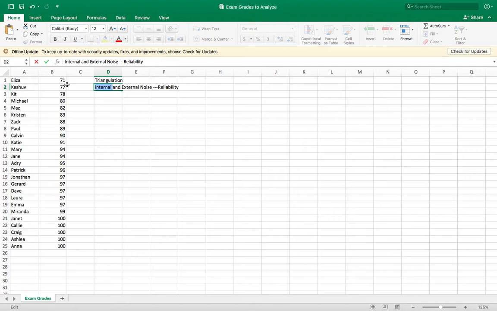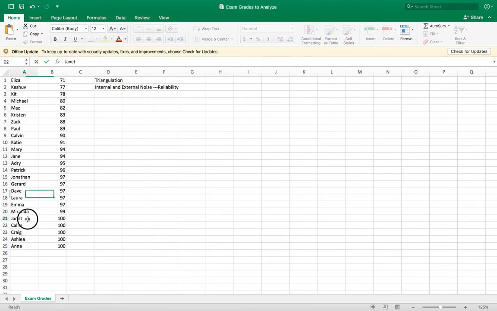I think there may be something going on with her. In that case, it provides more evidence for me to maybe have a conversation with her. Now, this happens at all levels, so I literally will just scan through and think, okay, here's Elijah, here's Keshav, here's Kit. Just a quick name to grade, right?